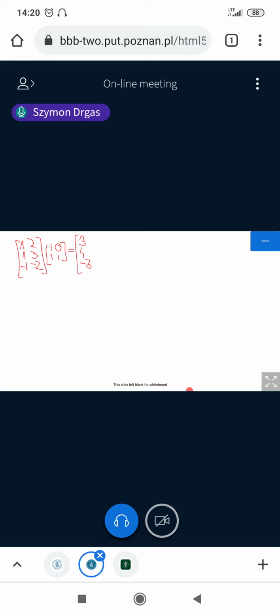So it will be 1 times 0 plus 2 is 2, 1 plus 0 plus 3 is 3, and we can notice that the second column contains 0 and only 1, so it is like extraction of the second row of this matrix. So we can write it like this. So that's the result of this first example.